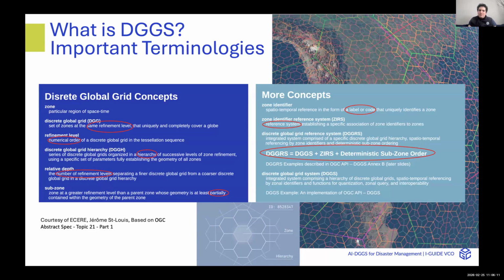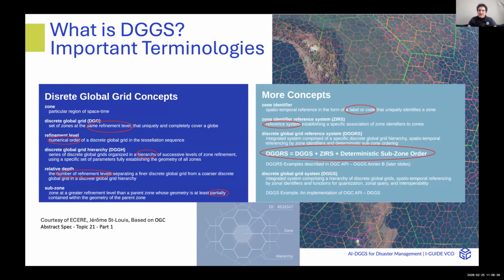The other important concept is the zone identifier. This picture at the bottom shows that each zone has a unique ID, and that unique ID, as long as it has a ZIRS, which is the zone identifier reference system, means that it's reproducible and repeatable, and that's only for that grid. That's a critical point for having a really interoperable DGGS.